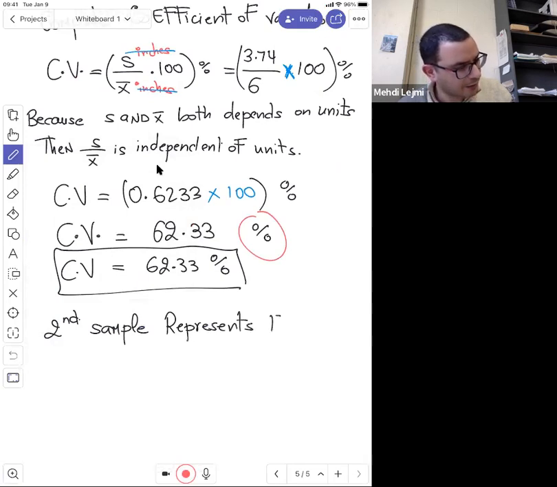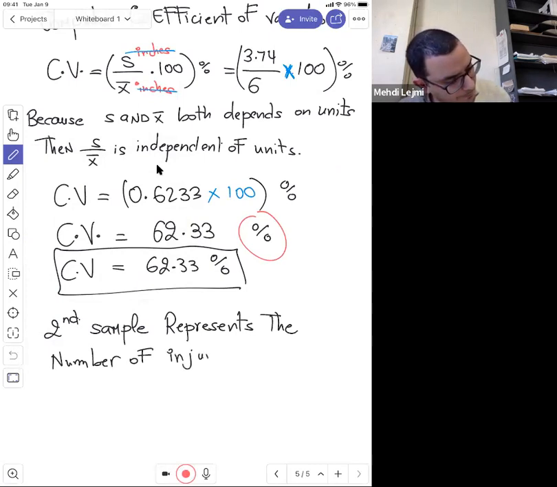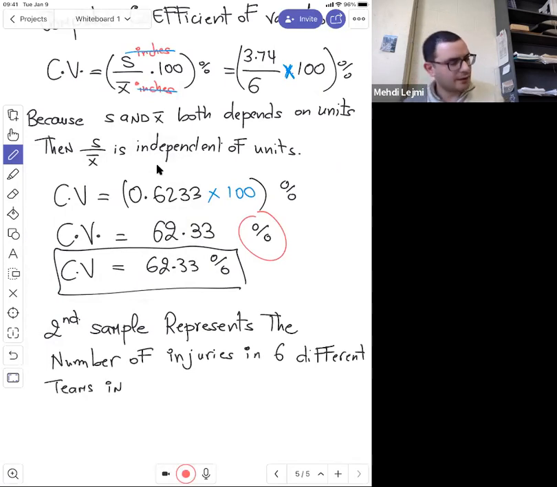This second sample is gonna represent, let's say, the number of injuries in, let's say, 6 different teams in the NHL.